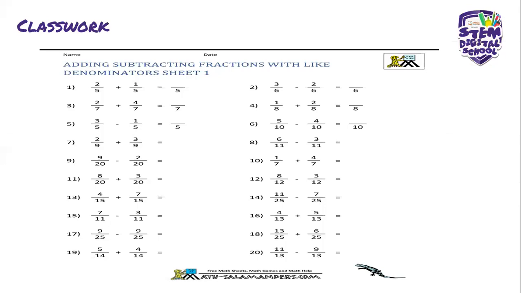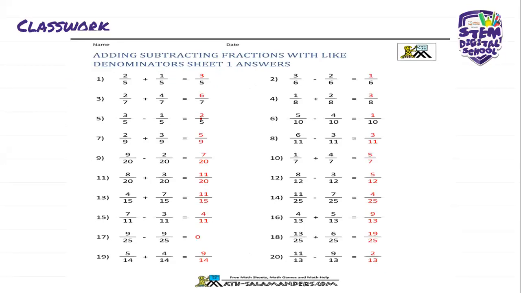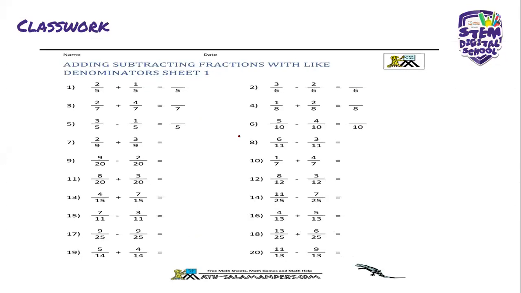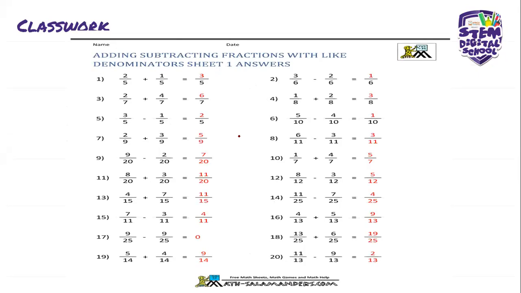Right. Let us go into the corrections. Here are our corrections. Who wants to try to explain to us how they got the answer to number 1 and number 14?